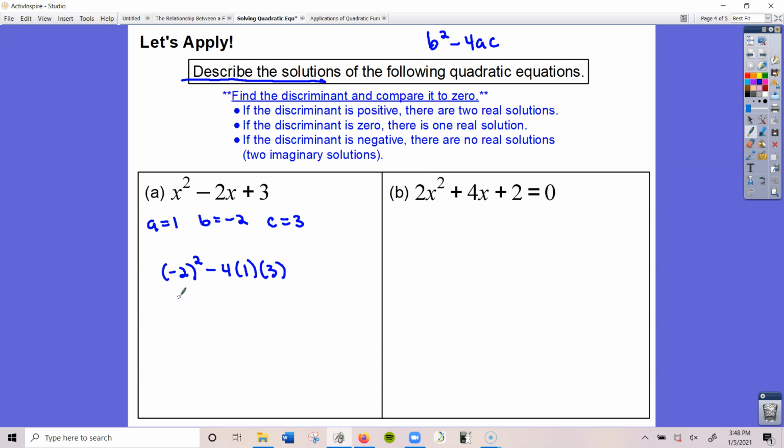Now -2 squared is a positive 4, and then -4 times 1 times 3 is -12. 4 minus 12 is equal to -8. Since the discriminant is negative, that means that there are no real solutions. Or you can also say that there are two imaginary solutions.